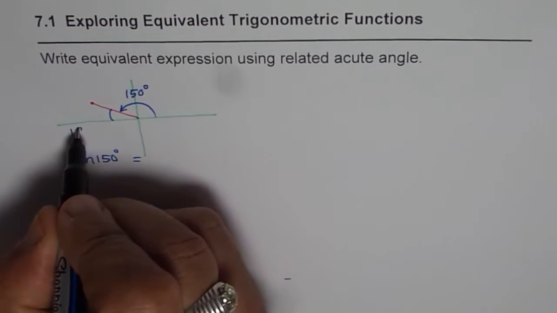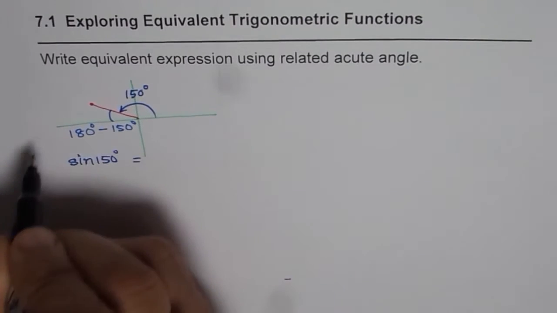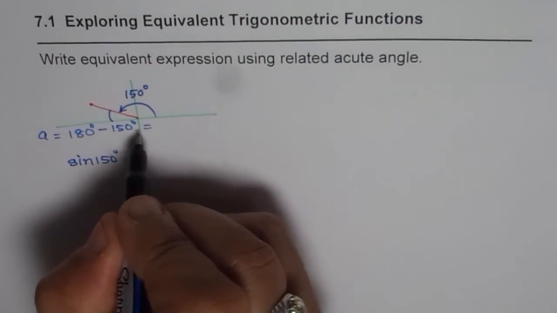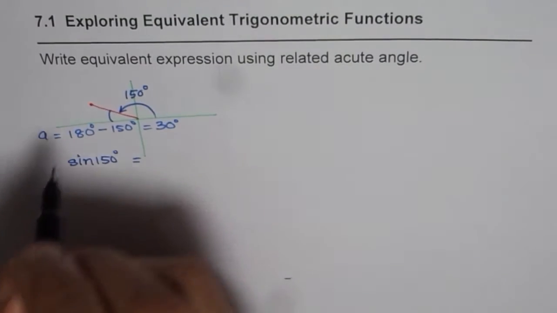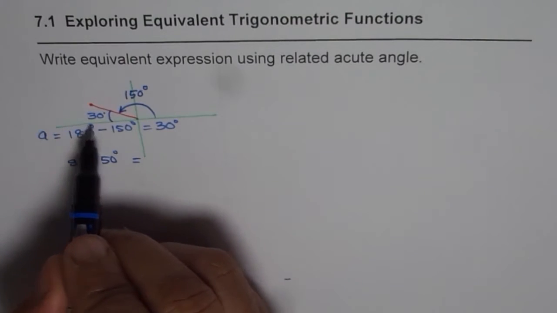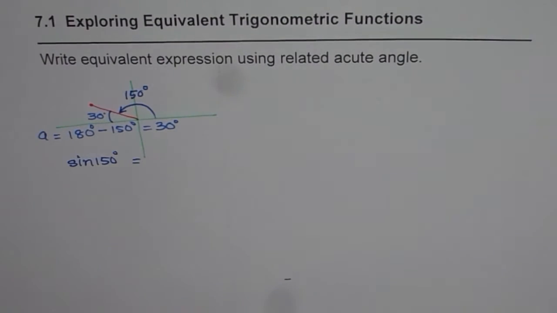So here the angle is 180 degrees minus 150 degrees, and that is, let's say, angle A for us, the acute angle, which is 30 degrees. Now 30 and 150 make a linear pair, so it makes perfect sense.